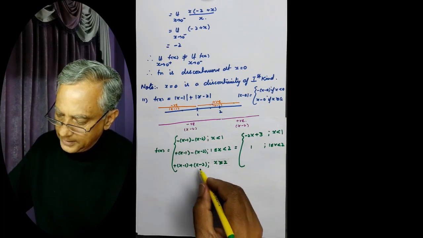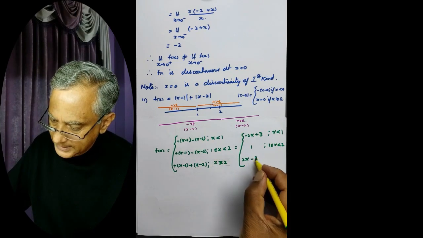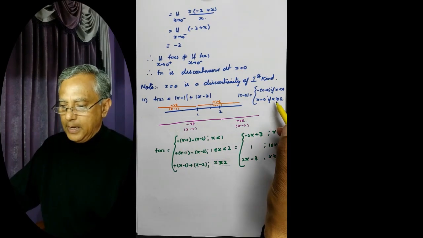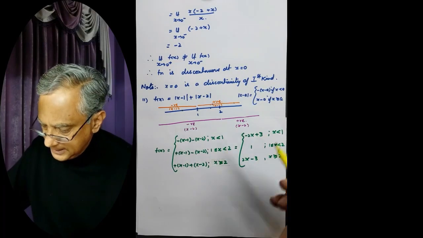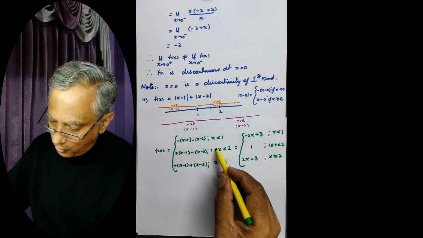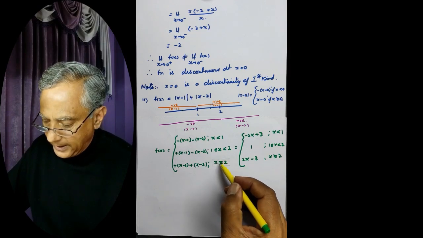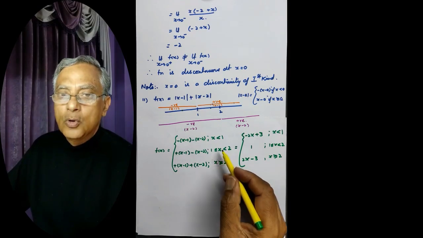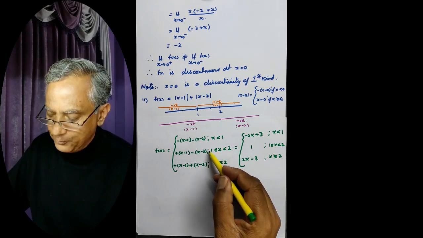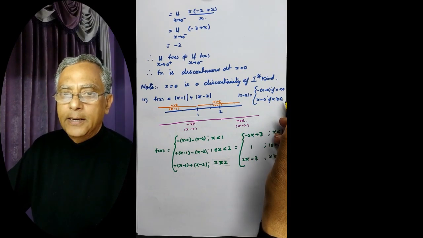And in this interval, it will be x plus x is 2x, minus 1 minus 2 is minus 3, for x greater than or equal to 2. And equality, in these inequalities, we are taking for x greater than or equal to a. So for x greater than or equal to 1 and x greater than or equal to 2, we are taking equality, because we are taking this definition of mod.